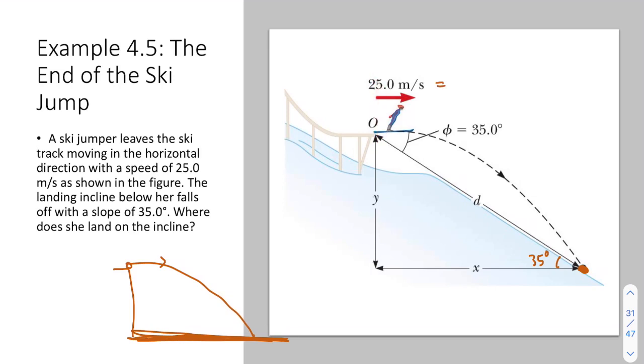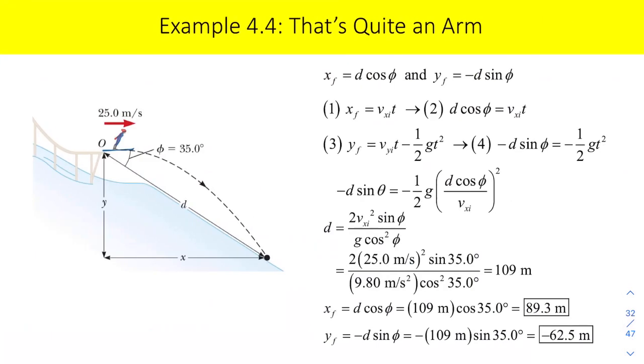So 25 meter per second here is only v initial, which is also the v initial in terms of x. V initial in terms of y is equivalent to 0. And what else is assumed? ay is equivalent to negative g, ax is equivalent to 0. Let's move to the solution.